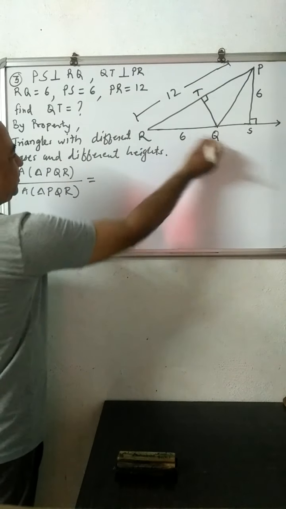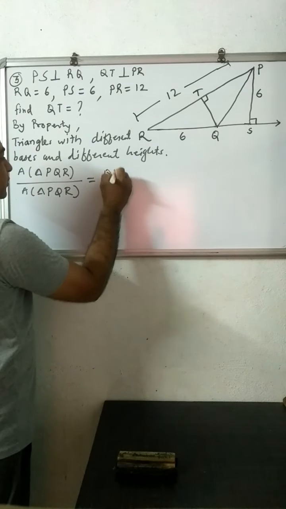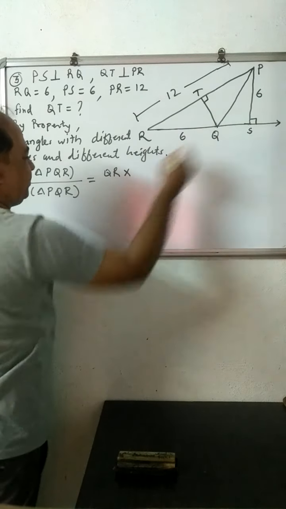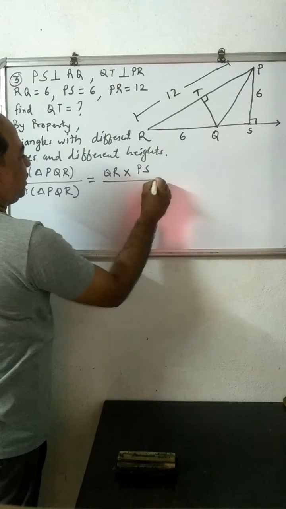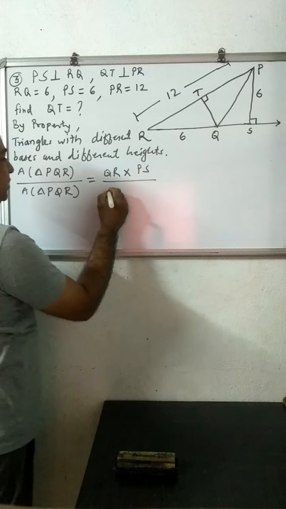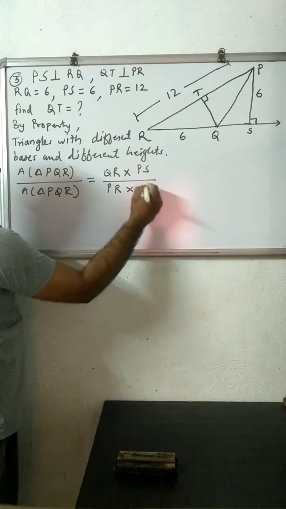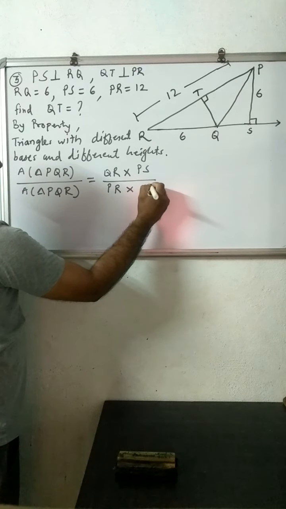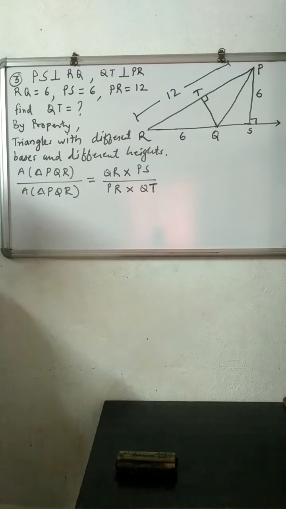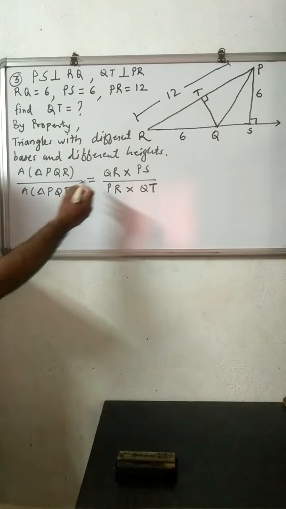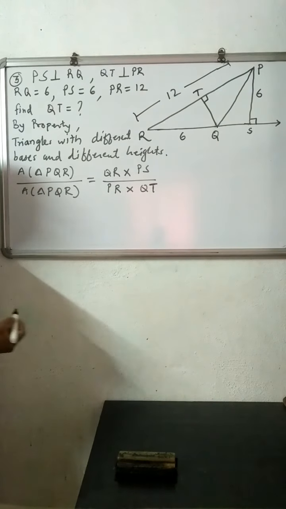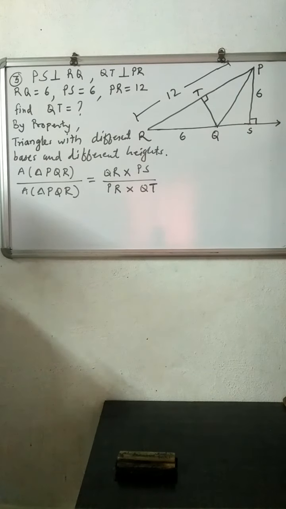First we'll consider base QR into height PS upon again base PR into height QT. Triangles with different base and different height, ratio of area of two triangles with different base and different height is equal to ratio of the product of their corresponding base and height.